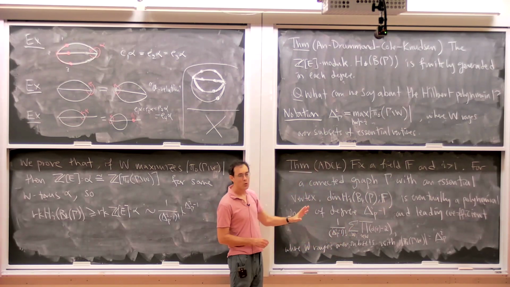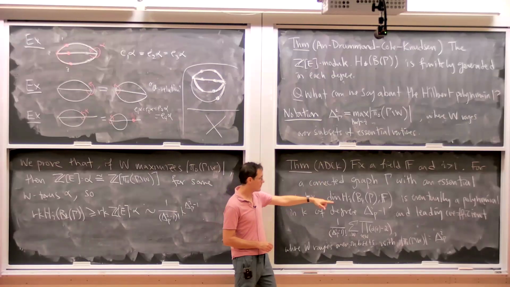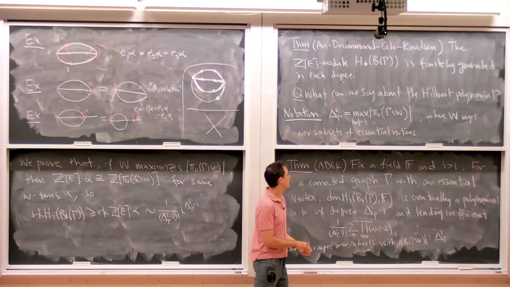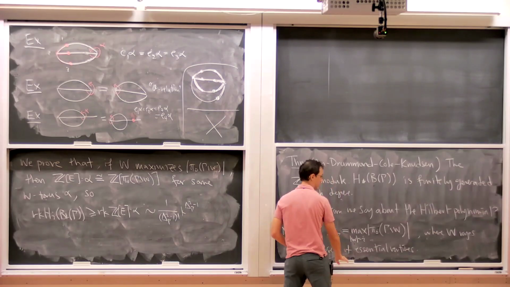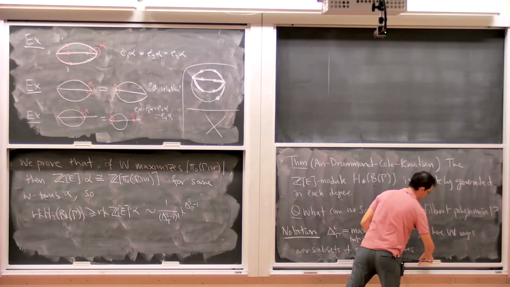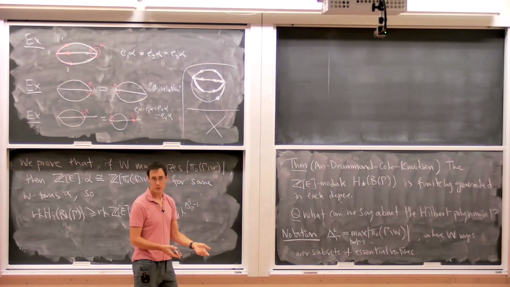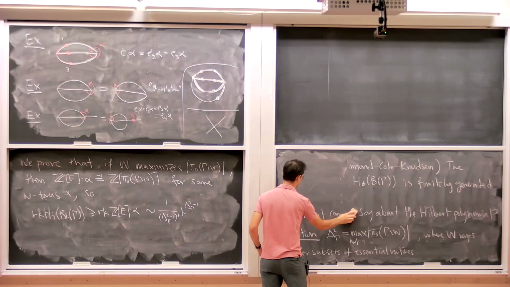So a notable thing about the theorem is that the characteristic of the field plays no role. This number is independent of the characteristic. And that's maybe surprising. And so because the difference between rational and mod P homology is something about torsion, this must have something to do with torsion.